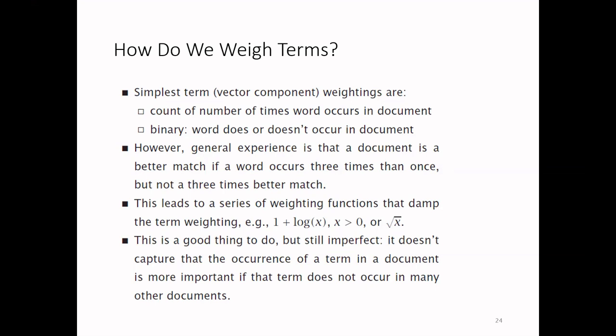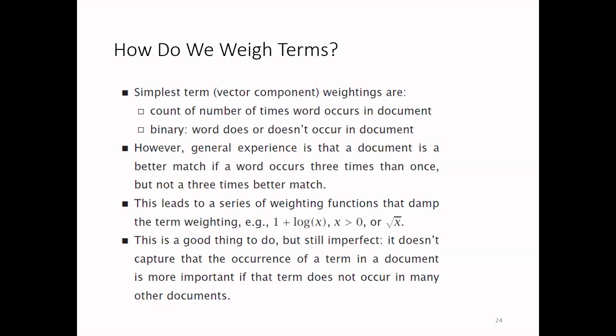The importance of a term also depends on how frequently it is present in other documents, because we are looking at a collection of documents. We are not interested only in a single document. If a word is present, let's say, one time in every document, that word really doesn't tell us anything specific about a particular document because it's present all across.